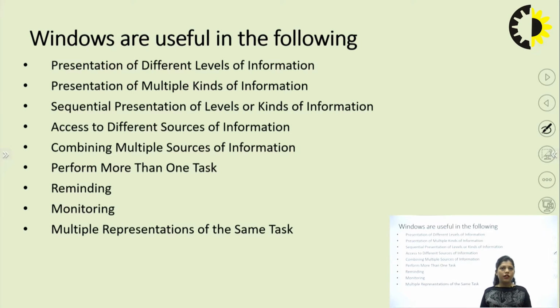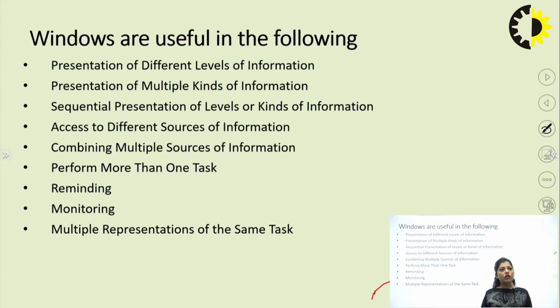So there are 3 ways of representing the information on the window. For example, if you have to display easy information, you can use a tiled window. And if you want to share complex information, then you can use a cascading window or overlapping window.